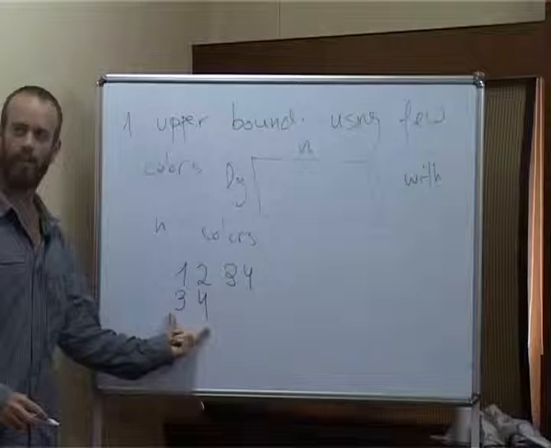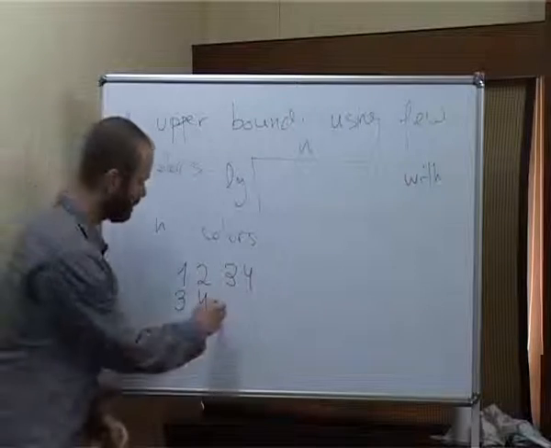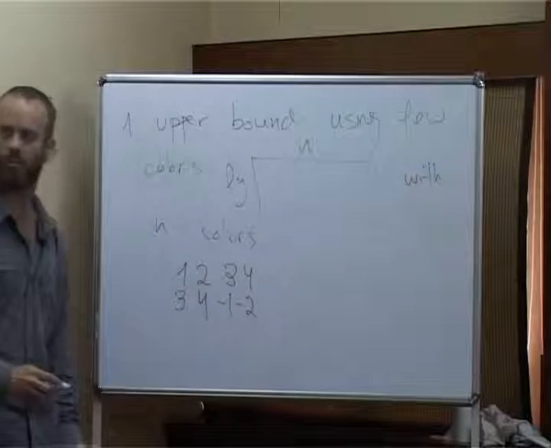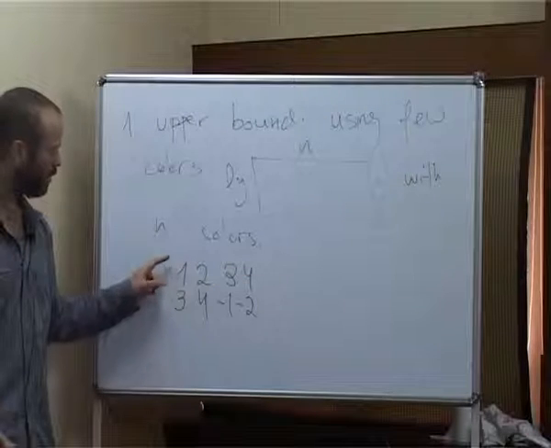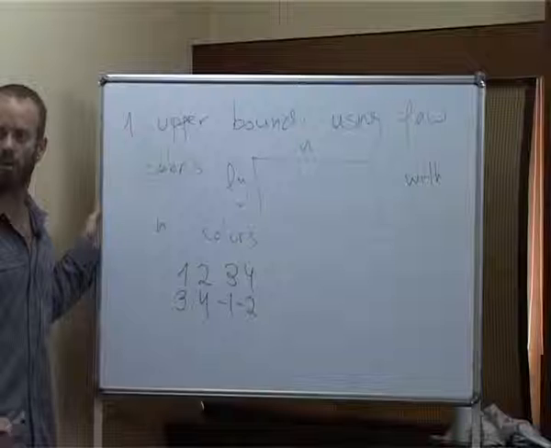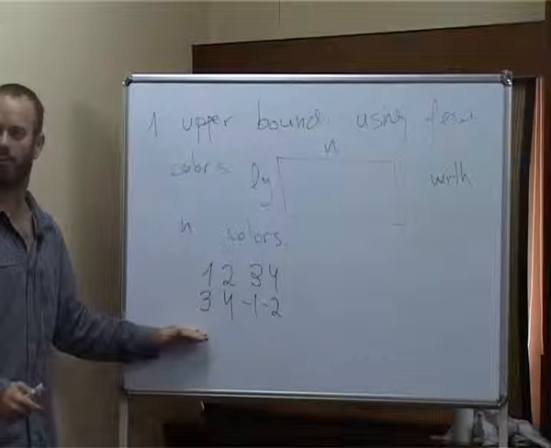After we did this, we know what should be written here: this is -1 and this is -2. Now we are in a position of n equal to 4 and log n equal to 2. We increased the size by 2 and added 1 column.